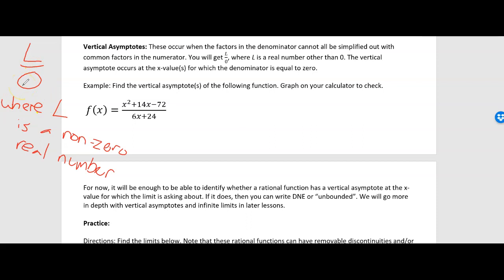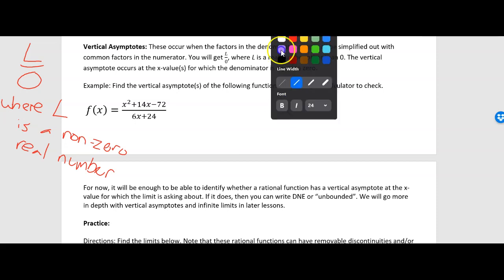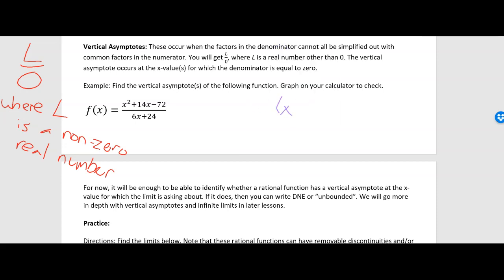So let's say we have, we're going to do a more complicated one in a second, but let's say we have f of x. You know what, let's use something else because I already have f of x on the screen. Let's use g of x. So if I have a function g of x is equal to 3 over, well, let's just do an easy one, 3 over x.